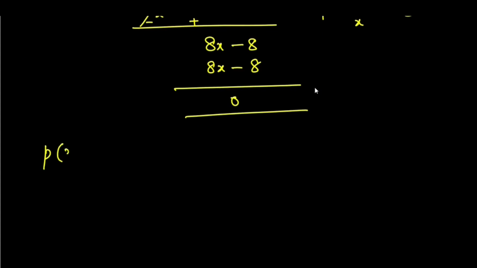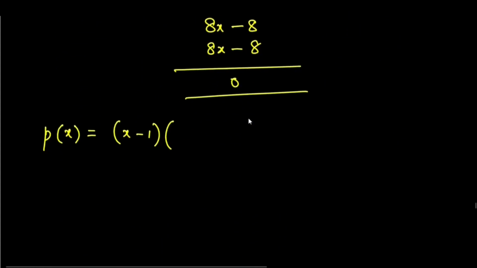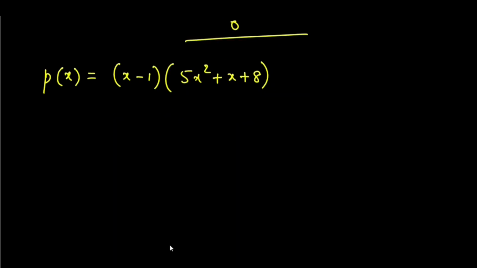So p of x can be written as x minus 1 into 5x square plus x plus 8. Now we have to factorize this quadratic polynomial, 5x square plus x plus 8.